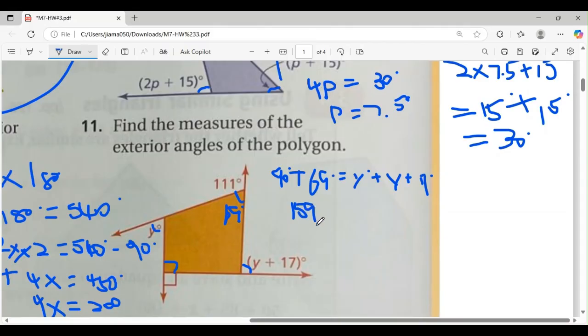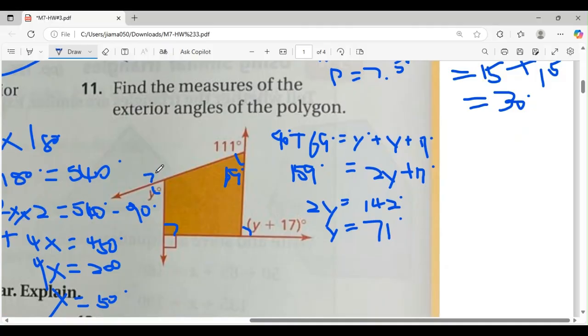159 degrees equals 2y plus 17 degrees. 2y equals 142 degrees. y equals 71 degrees.